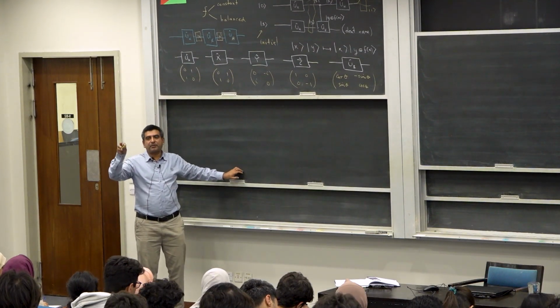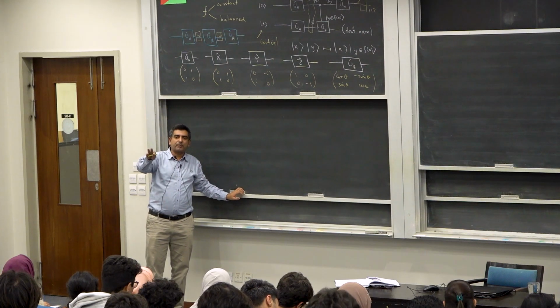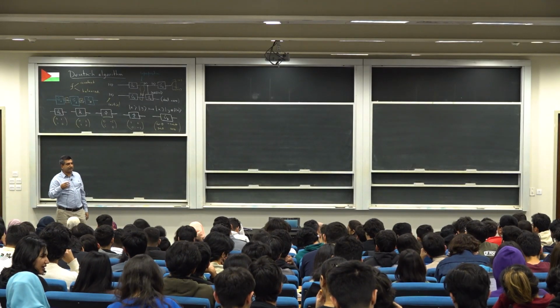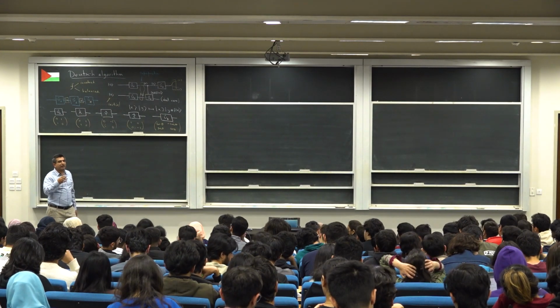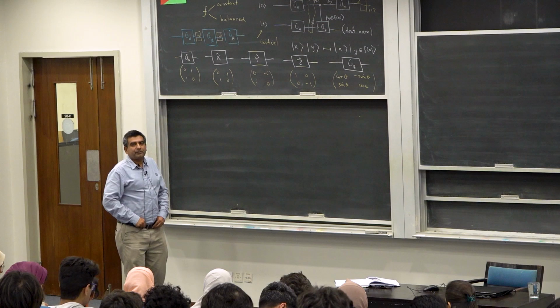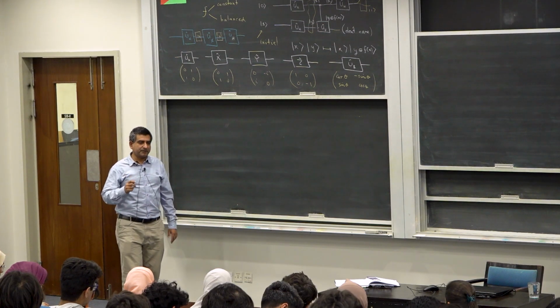In your homework problem number 2, there are some more problems that deal with quantum gates, both in matrix notation as well as ket notation. So now I would like to introduce the idea of entanglement.